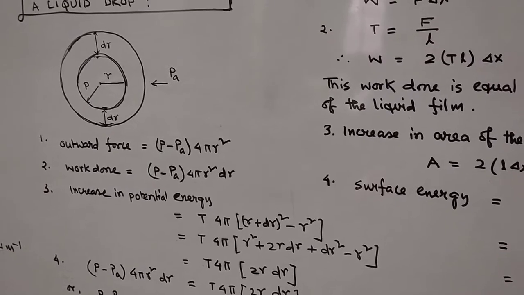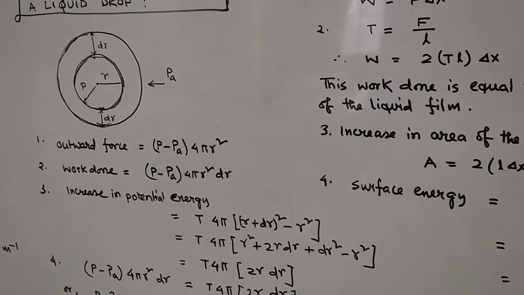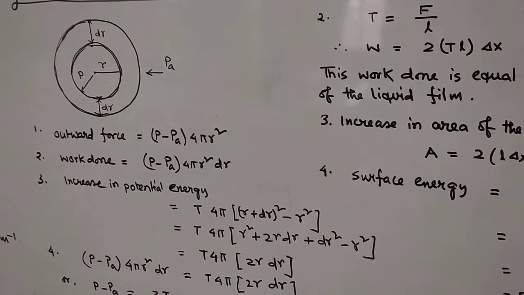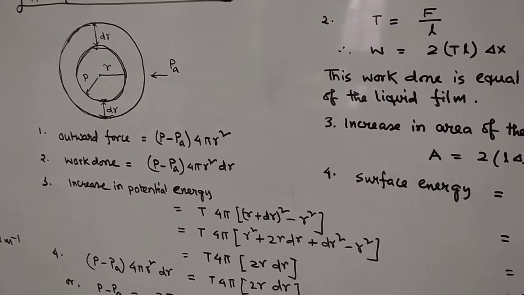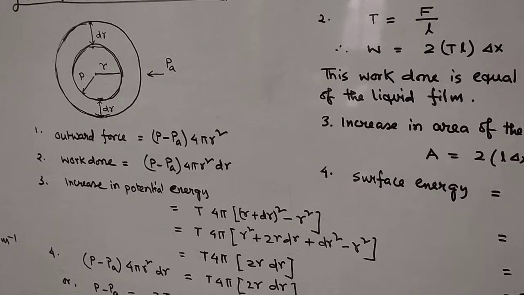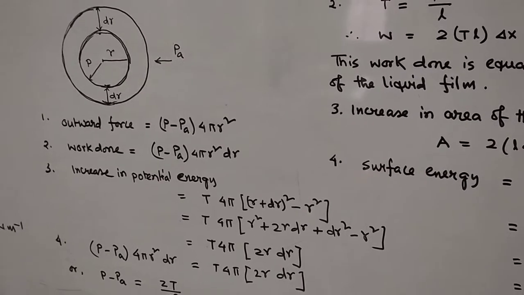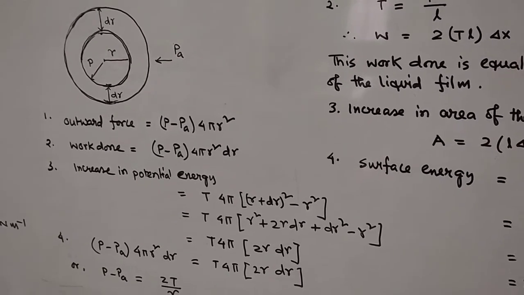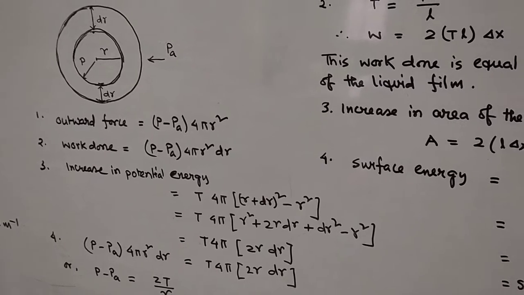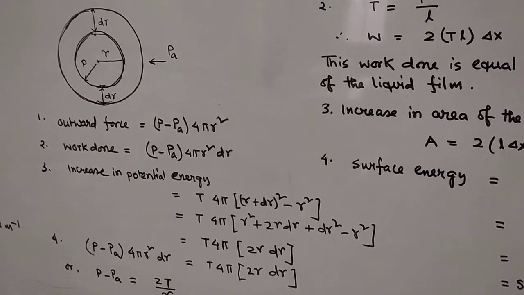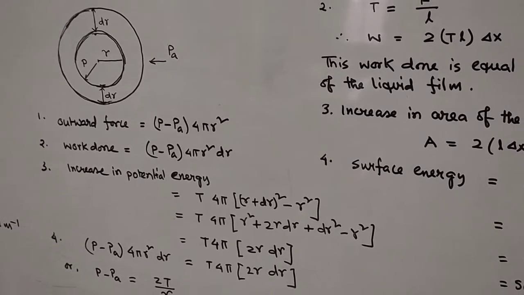On expansion, r square plus 2r dr plus dr square minus r square. On simplification, r square and minus r square go off. dr square can be neglected because dr is very small. So only 2r dr is left. So the increase in potential energy is T 4 pi 2r dr.